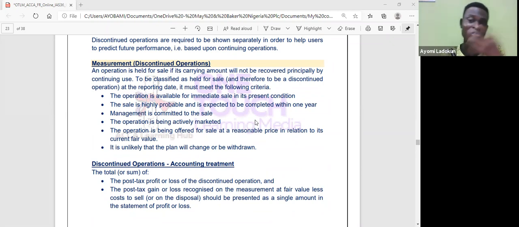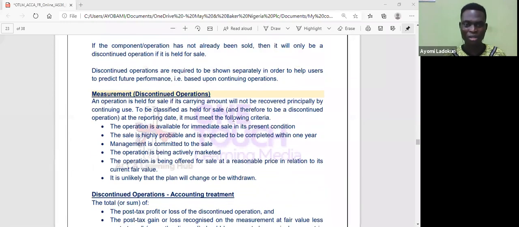So instead of using assets or a disposal group, what you use is operations. And the sale must be highly probable. For it to be highly probable, an appropriate level of management must be committed to a plan to discontinue the operation. So that's it, just replacing assets with operations. That's the recognition criteria.